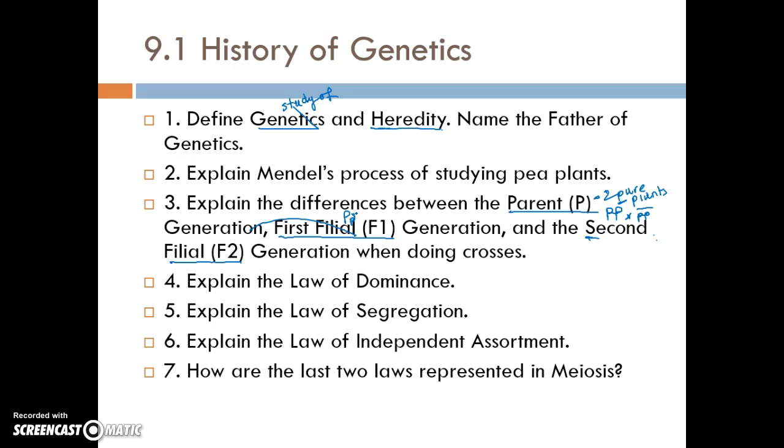In the second generation, when he allowed the F1 to self-pollinate, he actually found a different ratio. He found that 75% of them were purple. So in our second generation, 75% were purple, and then 25% showed the little p trait, or the white trait.